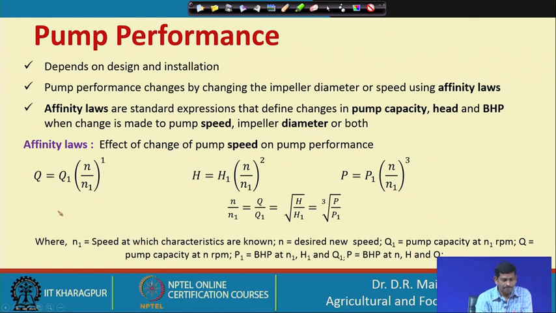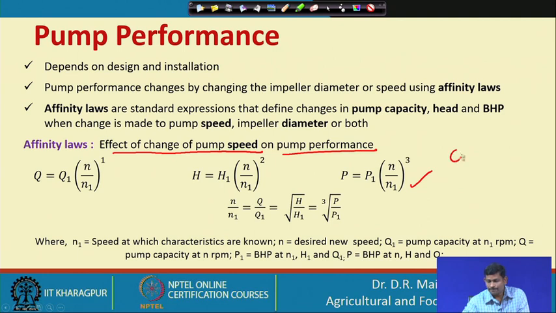If you see the affinity laws, for example for speed, the effect of change in pump speed on pump performance: the relationships are Q is equal to Q1 into N by N1. This is linearly related, but H is the square: H is equal to H1 into (N by N1) squared, and P is equal to P1 into (N by N1) cubed.